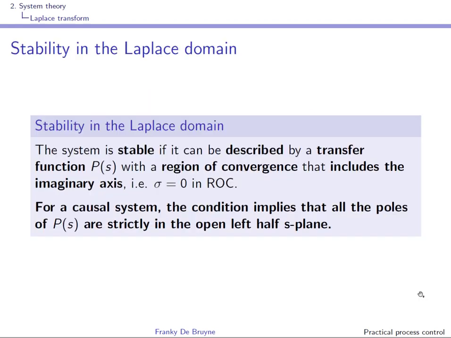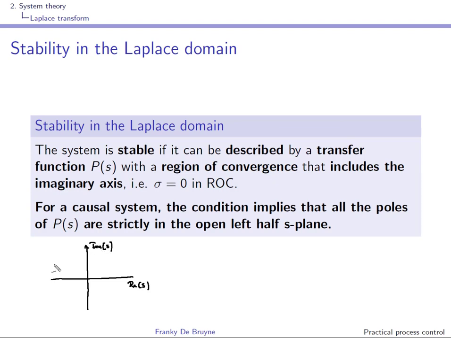The stability of a causal system, and we'll always consider causal systems, depends on the location of the poles. And if the poles are all strictly in the left half s-plane, the process is stable. So let us look at the s-plane. So this is the real part of s and the imaginary part of s.